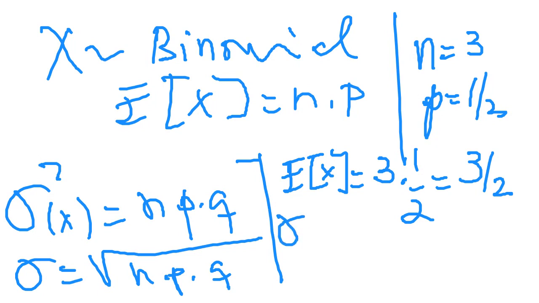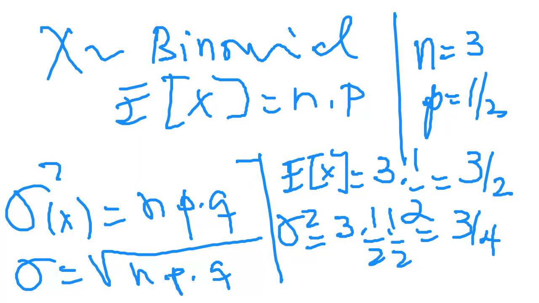The variance is 3 times a half times a half, which is 3/4, exactly what we got before. And the standard deviation is the square root of 3/2. And then you see it's binomial, because we have all the conditions for binomial.